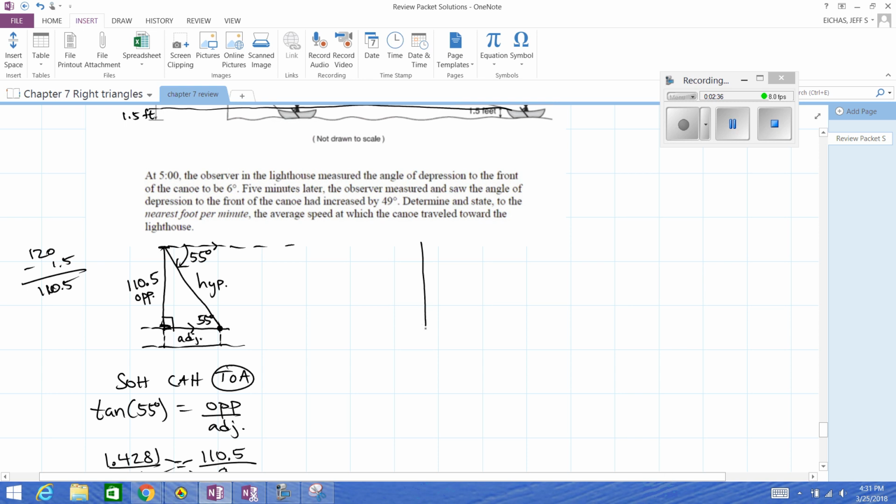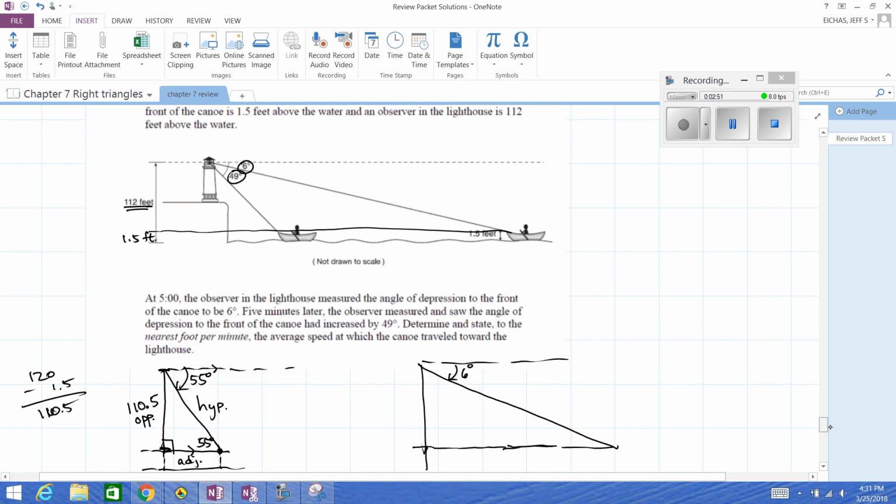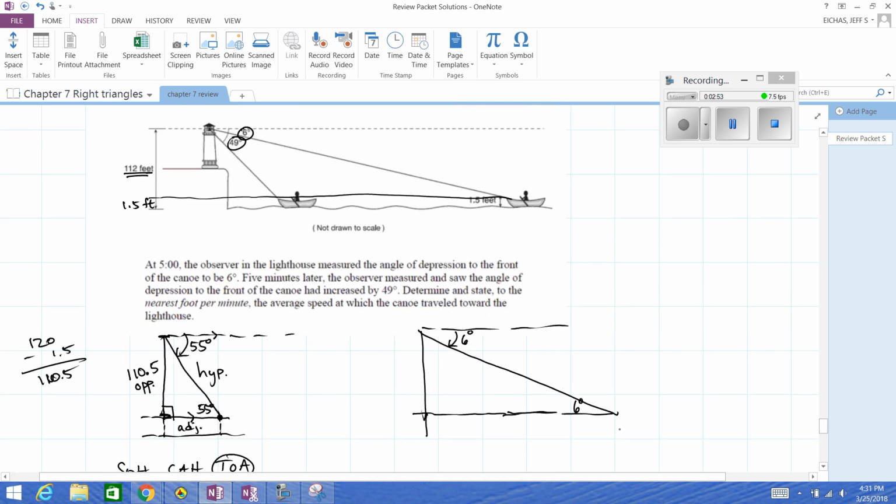All right, same problem, same kind of tricks, but the boat's further out. This angle, instead of 55, is only 6 degrees, I think. Yes, 6 degrees. Again, we still have that extra 1.5 feet.